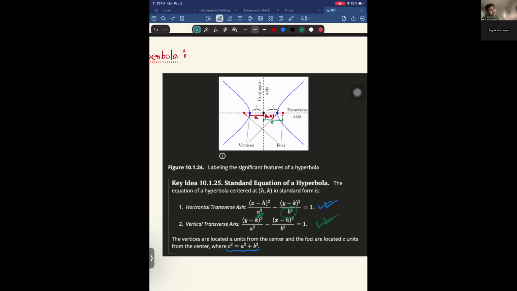So, b doesn't represent any length here, most probably. I guess not. Yeah, b doesn't really represent any length in this situation. Or maybe it does. Wait.